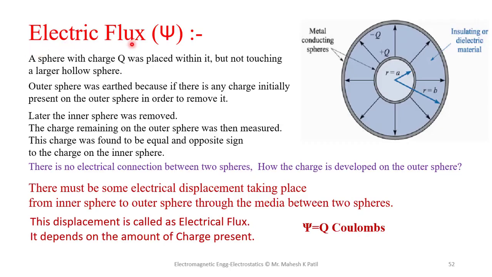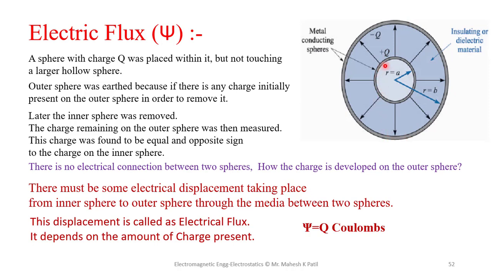So electric flux is denoted by the symbol psi. Now consider the situation. So this is the first sphere having radius a, and consider the second sphere having radius b. This is called the inner sphere and this is the outer sphere.